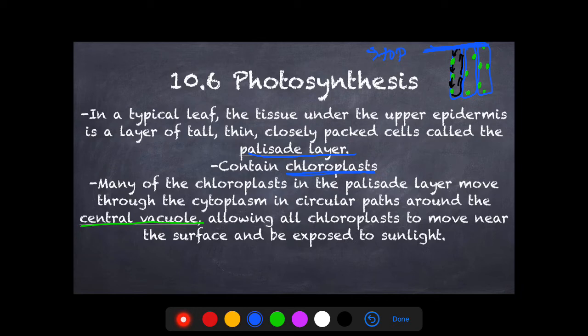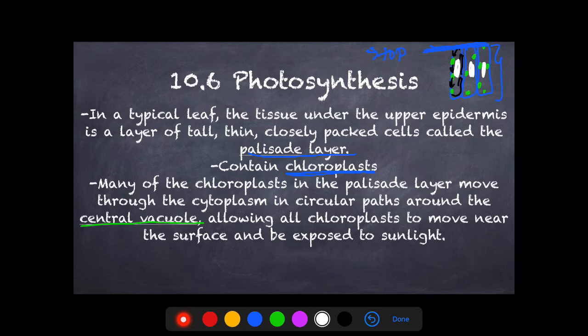So I'm going to say that again. You have the palisade layer, which is what I drew here, that is made up of these long, circular cells. Inside those cells, you have chloroplasts that are moving in a circle around a central vacuole. So just imagine this white being the central vacuole.